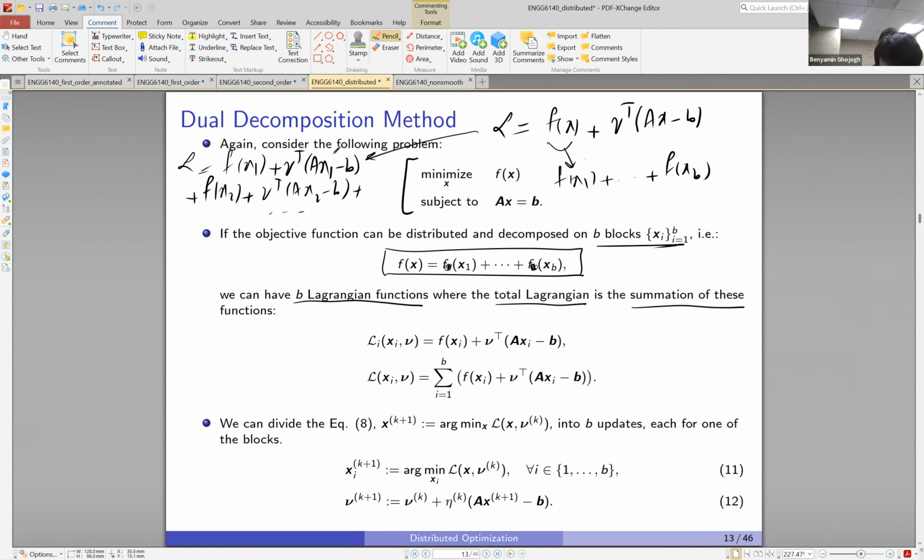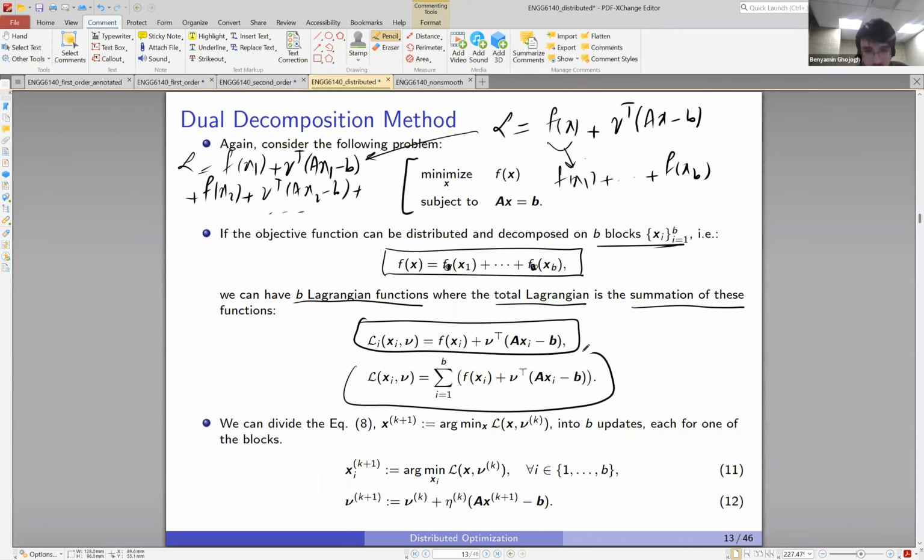I'm rearranging it like this. Each of these I call Lagrangian Li. I define it this way. Therefore, I can write this Lagrangian as a summation of these Li's. In other words, I'm distributing the Lagrangian itself.